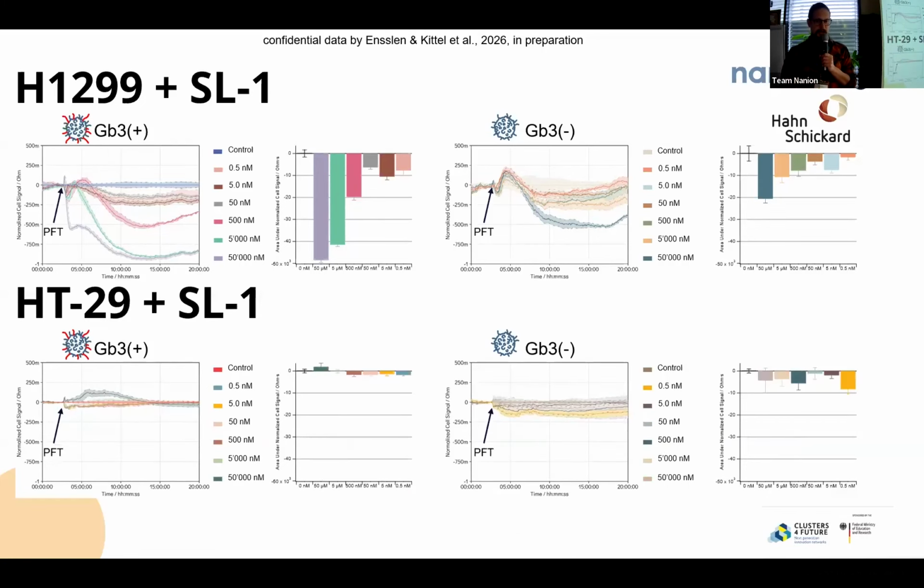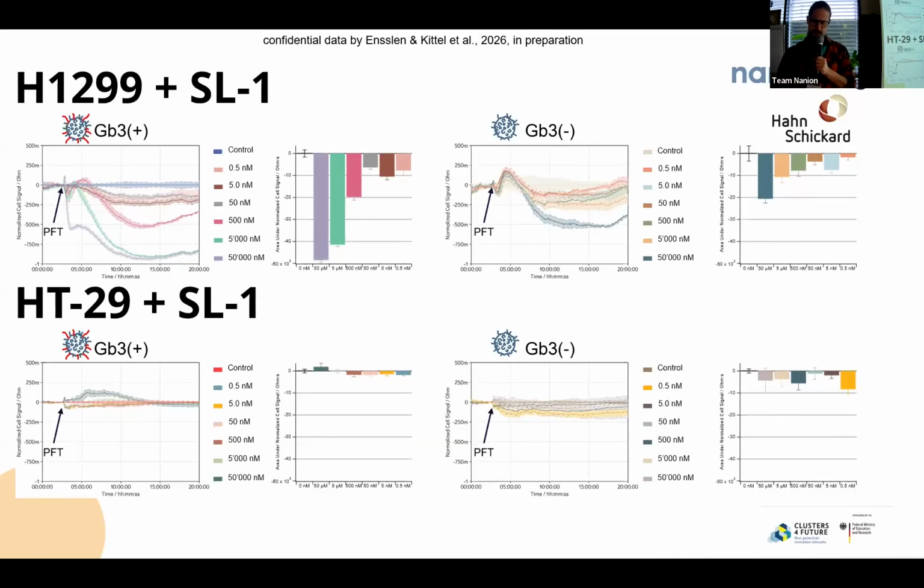Yeah, precisely. So when we changed the cell line, so we moved from lung cancer cells to colorectal cells, so HT-29 cells, they are also reported to be GB3 positive. We were very surprised with the result we found here because we did not see any action by Sorrel on these cell lines. Maybe for super high concentrations, we saw a prolonged swelling phase, but actually there was no real insertion going on here.